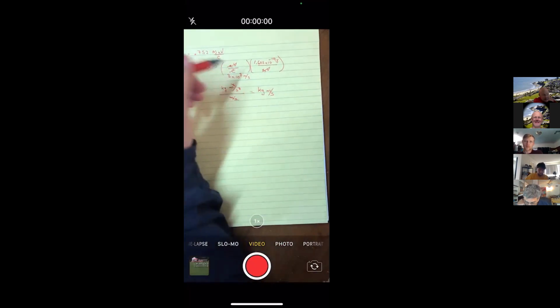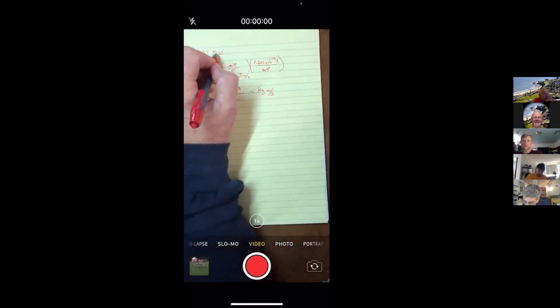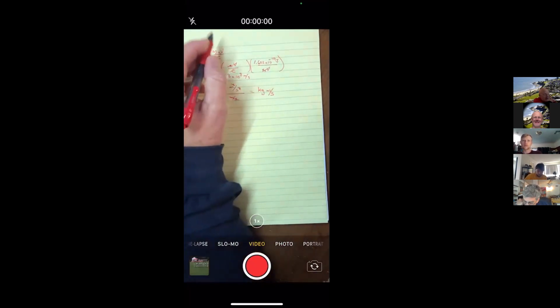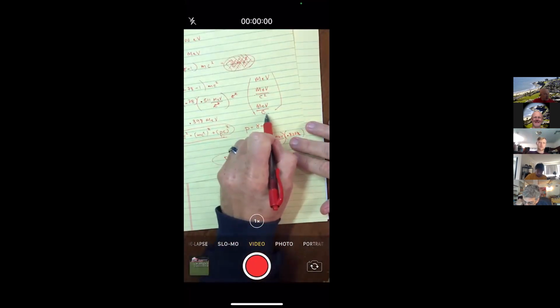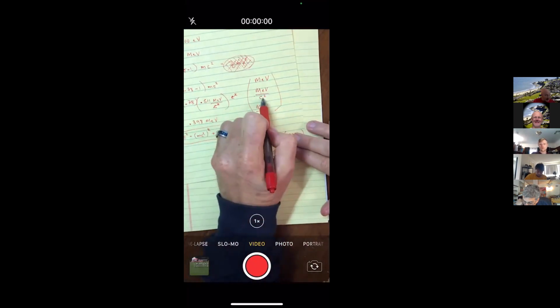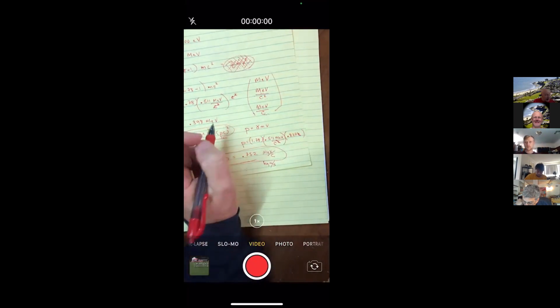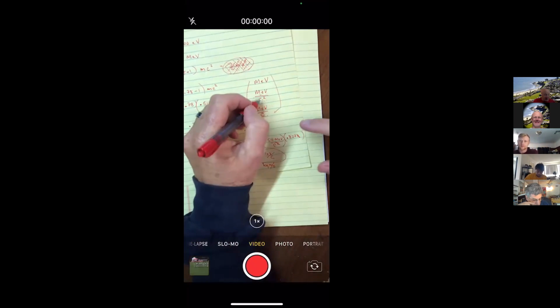And so, like I said, it takes a little getting used to, but MEV over C is now then a unit for momentum, just like MEV over C squared is a unit for mass. That's weird.